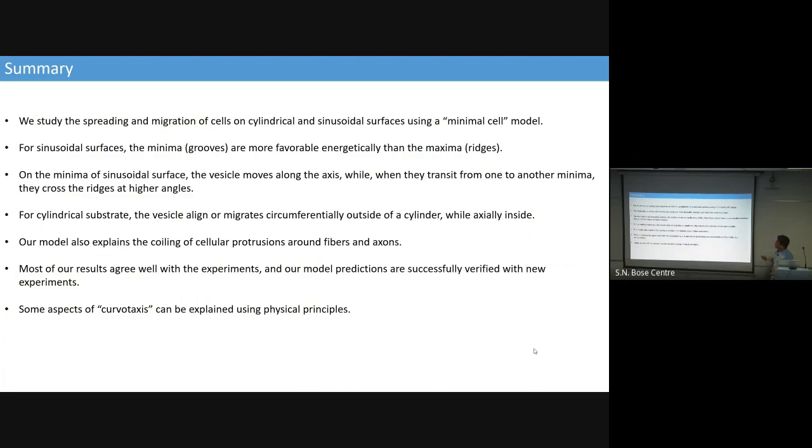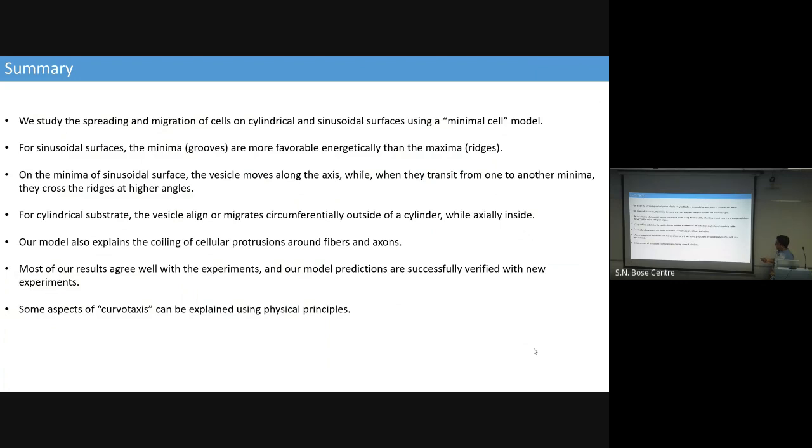We studied the migration of those vesicles on sinusoidal surfaces and also on fibers, and the conclusion is that they prefer concave surfaces on the sinusoidal, and they go along the axis, and they don't prefer the convex one. And on the cylindrical fiber, they prefer to go circumferentially and not along the axial direction.